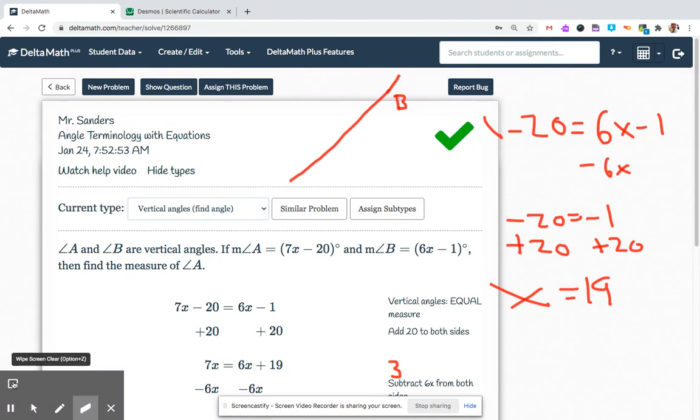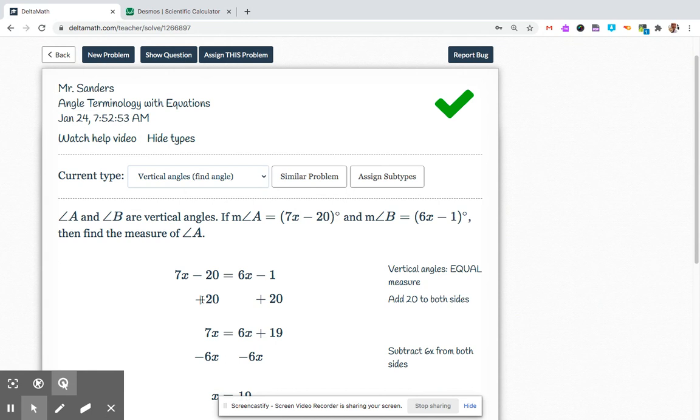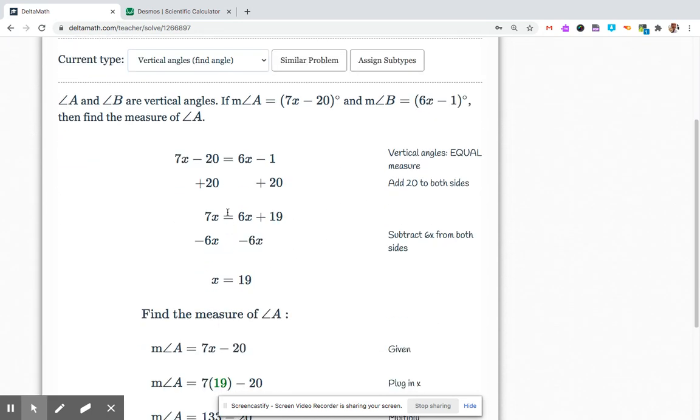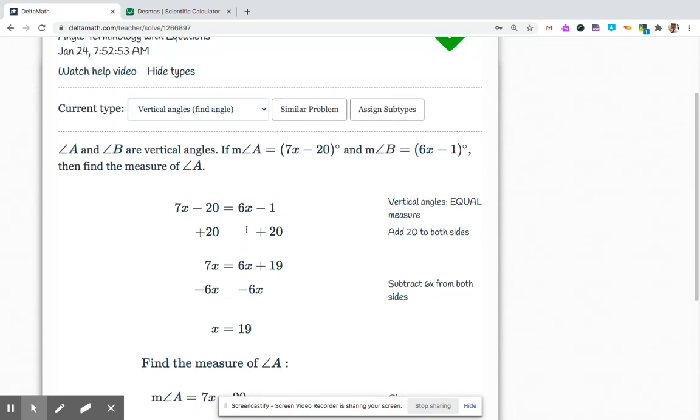And let's just confirm all the steps are the same. Vertical angles mean they're equal. This is a really bad step. If you do your numbers first, you can make it harder than it needs to be. I really encourage you to put your letters to one side first. That way you know what side you're solving for. So once again, not a fan of this order, but it still works.